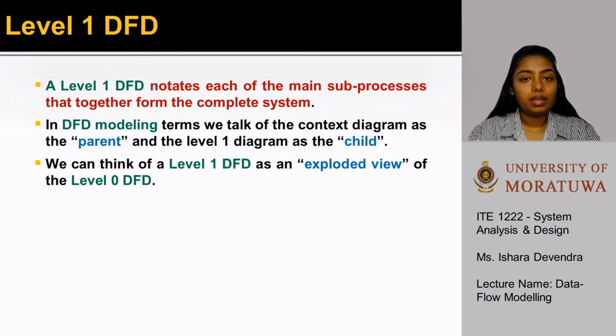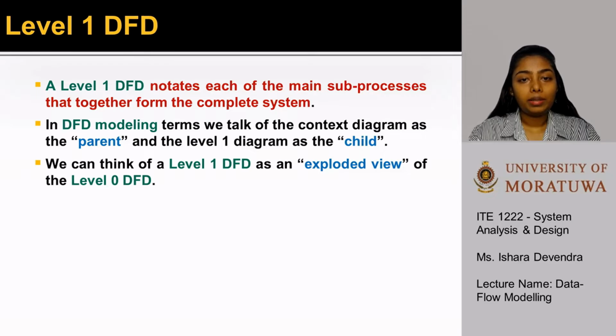We have already seen how a context diagram can be decomposed or exploded into a level 0 data flow diagram. This same process can be applied to each process appearing within a level 0 data flow diagram. A level 1 data flow diagram notates each of the main sub-processes that together form the complete system.